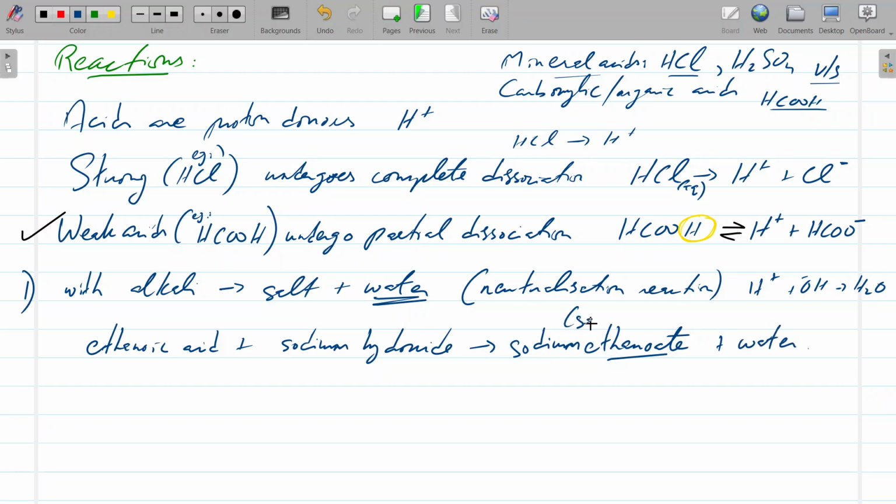It could be potassium ethanoate if you had potassium hydroxide. You had ammonium hydroxide, it becomes ammonium ethanoate, right? So the alkali part comes first, and then the acid part, and that's the same as we did in neutralization reactions earlier. So we had potassium chloride from potassium hydroxide and hydrogen chloride.